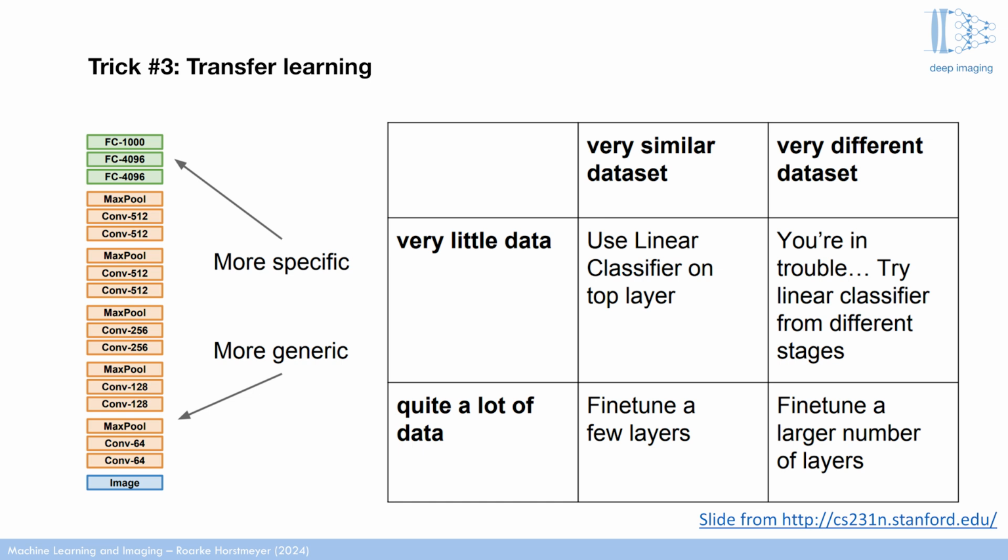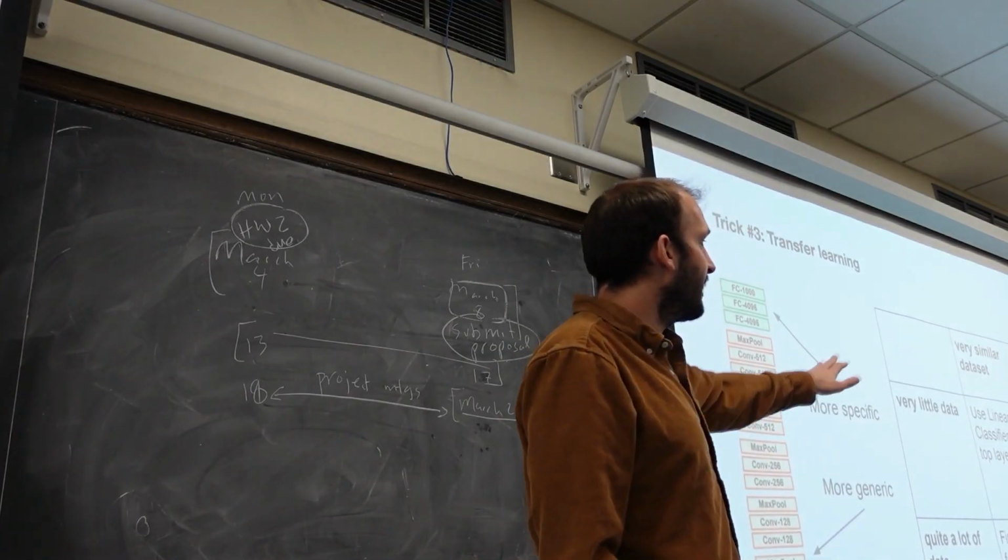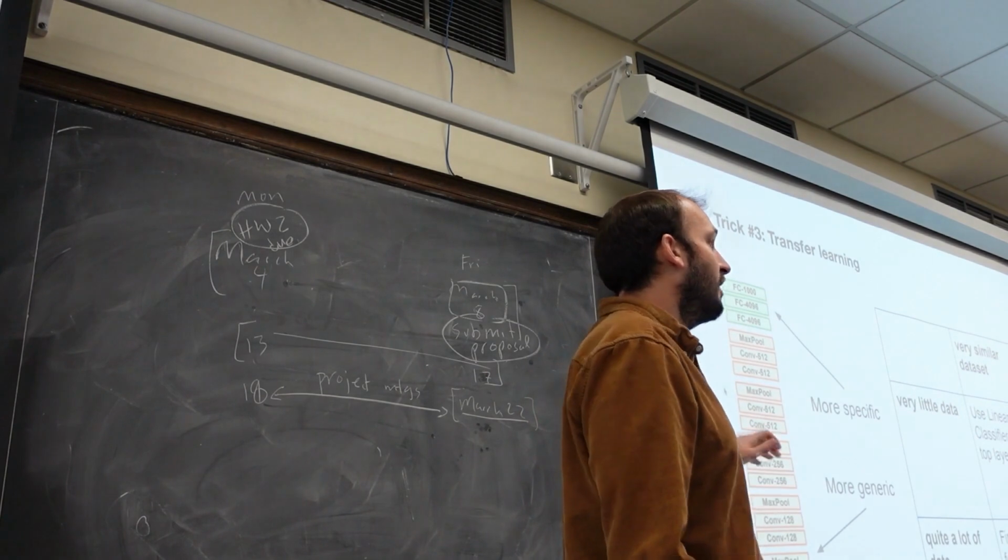Because structurally speaking, your image data and the ImageNet data set are relatively similar. And so you could just freeze the last layers to do a linear classifier or a single fully connected layer, for example.